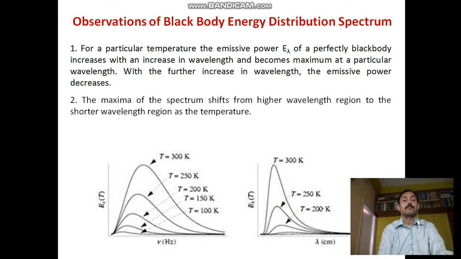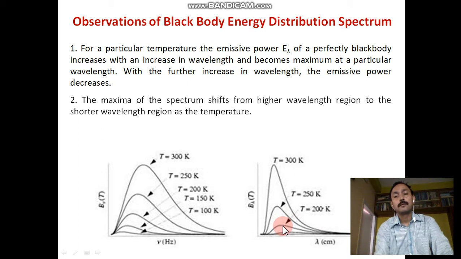Number 2: the maxima of the spectrum shifts from the higher wavelength region towards the shorter wavelength region as the temperature increases. That means this is the maxima, this is another maximum, this is another maximum.